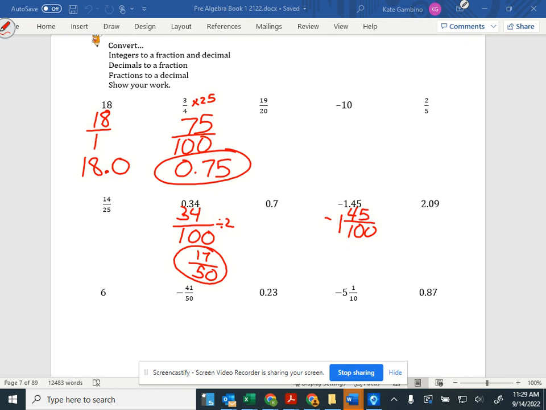Then we're going to simplify the 45 hundredths. We keep the negative 1 and just simplify the fraction. So you would have to see what you can divide out of both 45 and 100. So you're going to keep it as a mixed number.